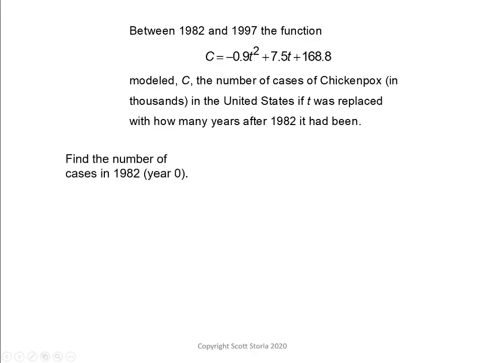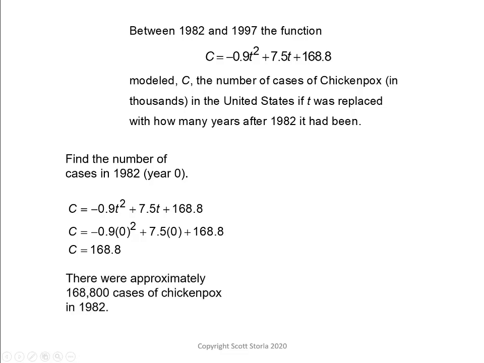Find the number of cases in 1982, which would be year 0. Substituting 0 for the time and simplifying shows that in 1982 there were 168,800 cases of chickenpox. Remember, we have to multiply our final value by 1,000.